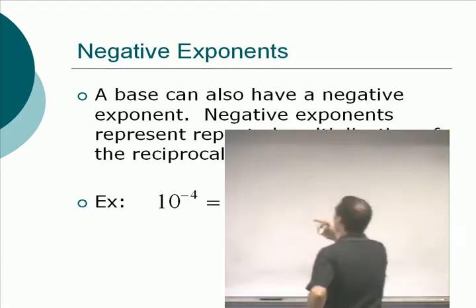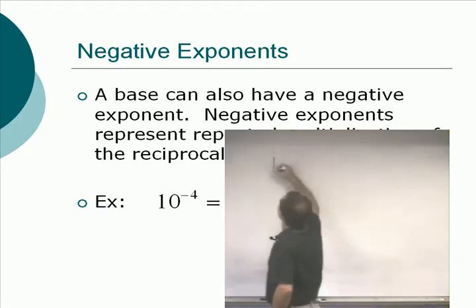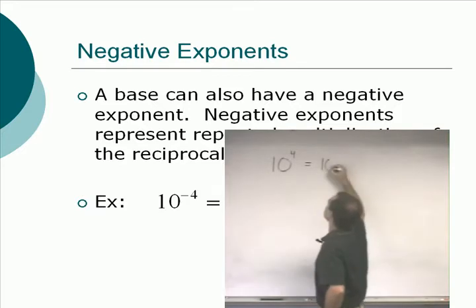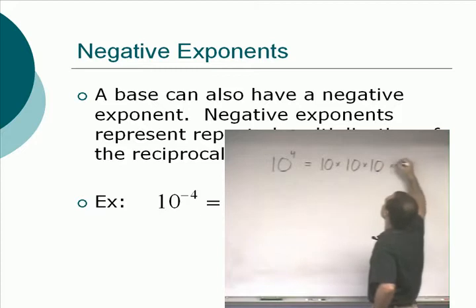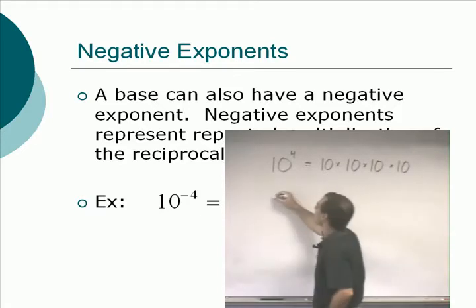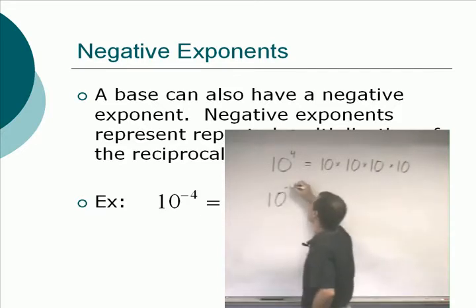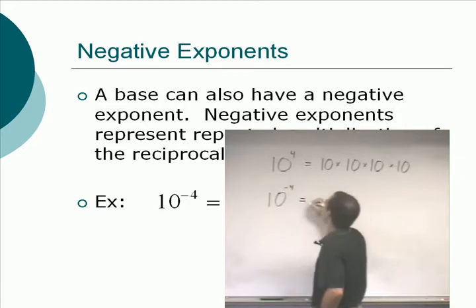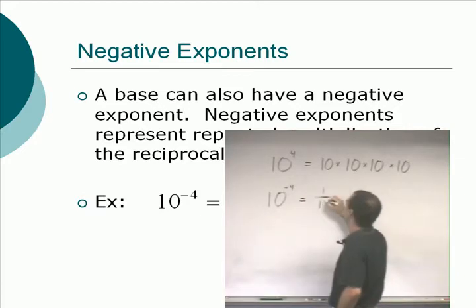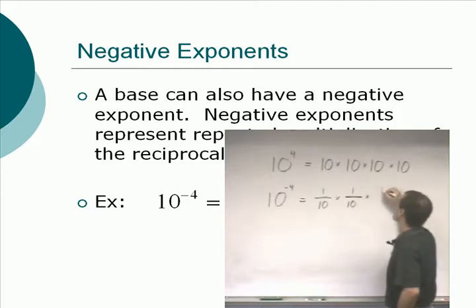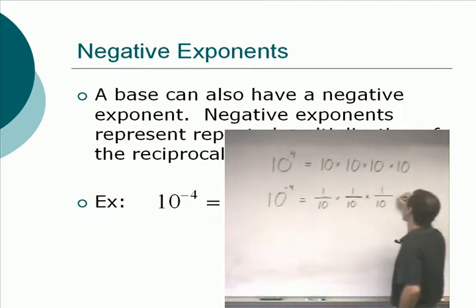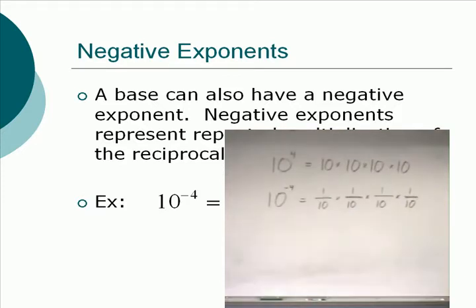So, for example, from what we just saw a little while ago, 10 to the 4th power would be 10 times 10 times 10 times 10, whereas 10 to the negative 4th power is equal to 1 over 10 times 1 over 10 times 1 over 10.